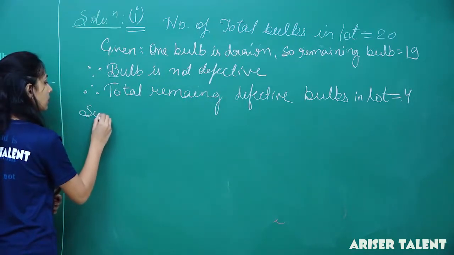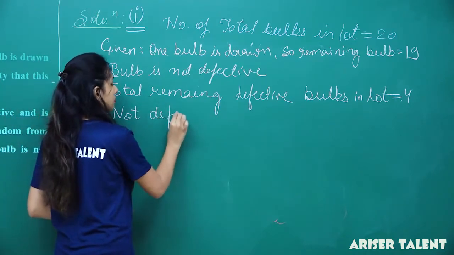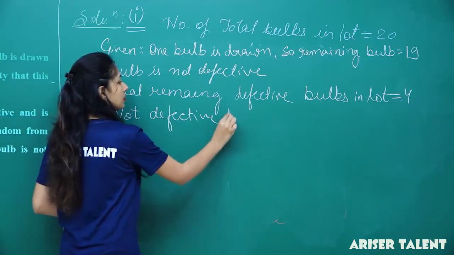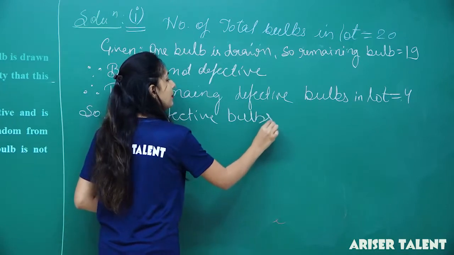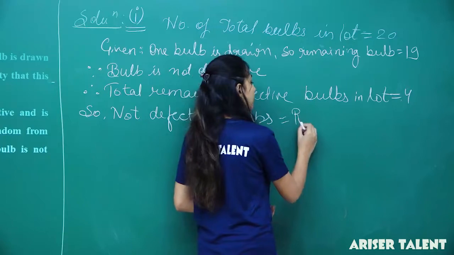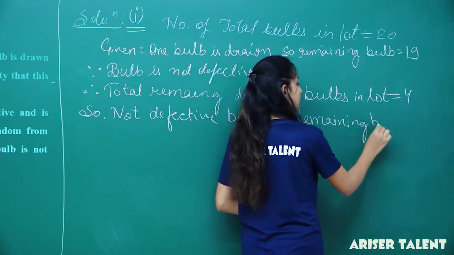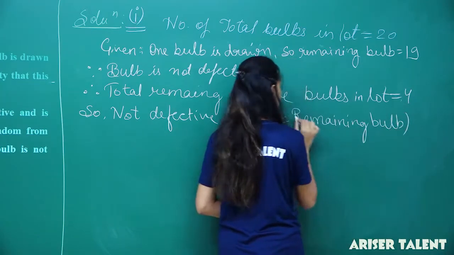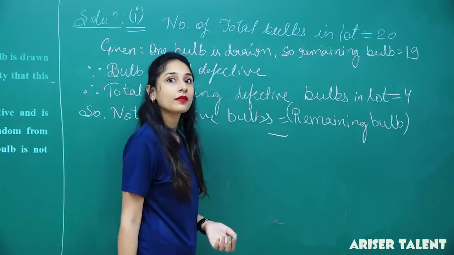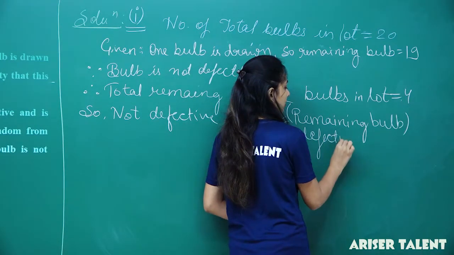So not defective bulbs will be equal to total remaining bulbs minus defective bulbs, that will be non-defective in that case.